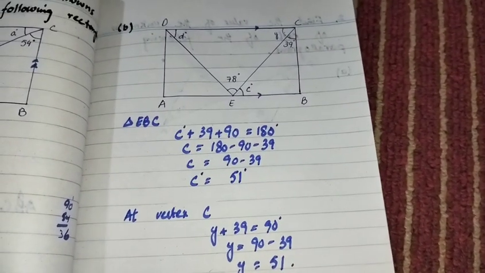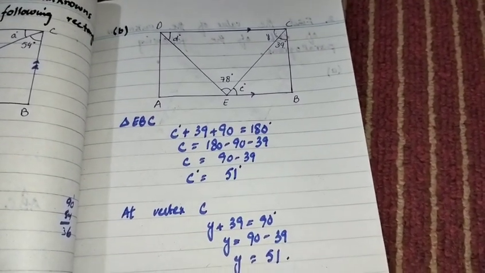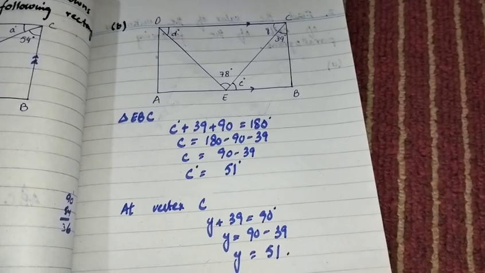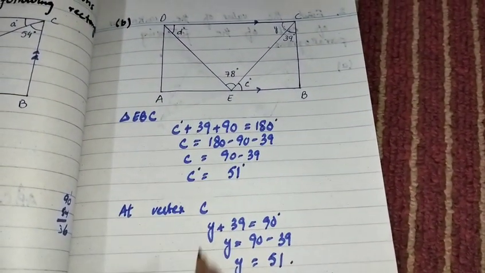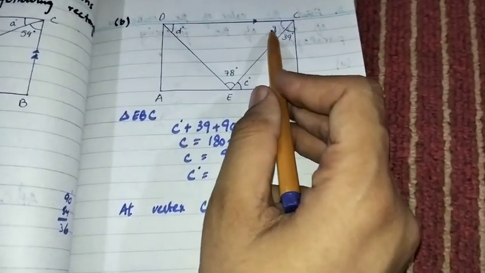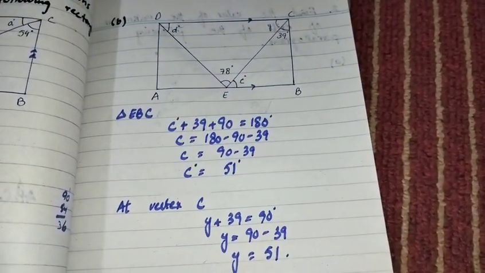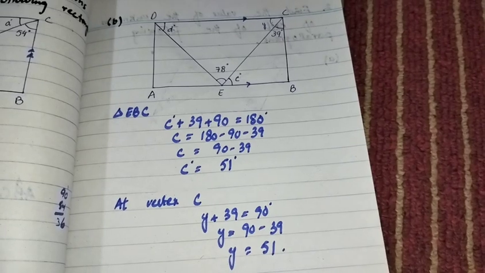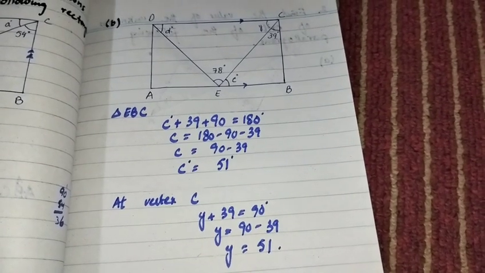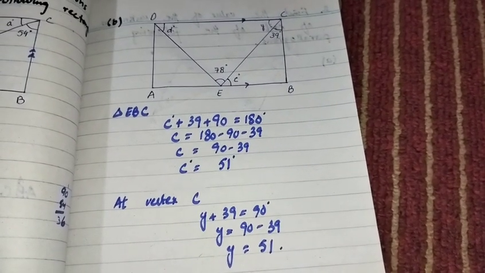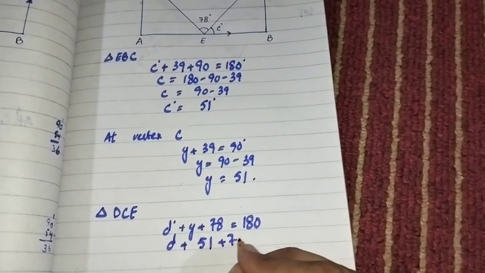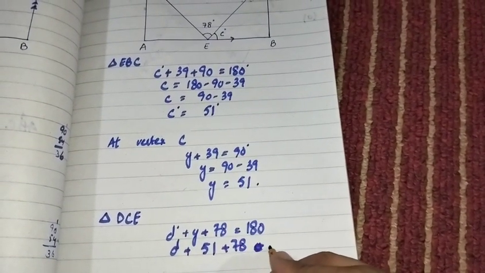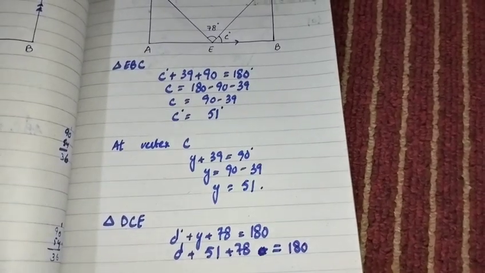Now considering triangle DCE. In this triangle, angle D plus y plus 78 will make 180 degrees. So D plus 51 plus 78 will make 180 degrees.